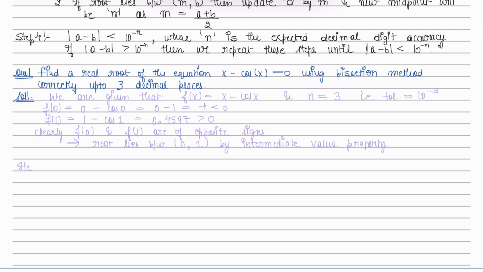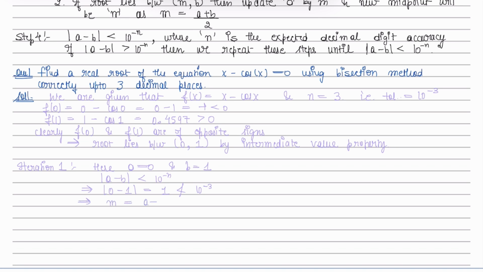For the first iteration, here the value of a is 0 and the value of b is 1. Mod of a minus b should be less than 10 to the power minus 3, but here a is 0 and b is 1, so the difference is 1, and this is not less than 10 to the power minus 3. So we will find the midpoint.